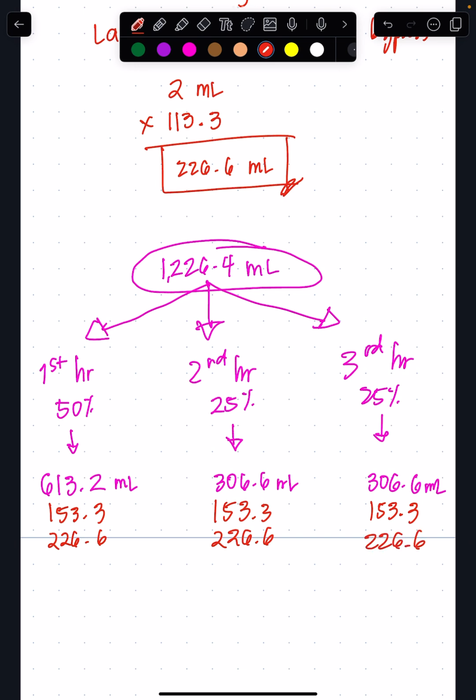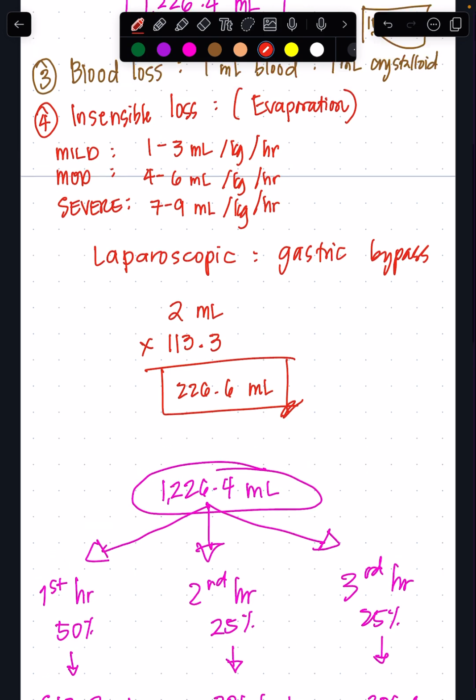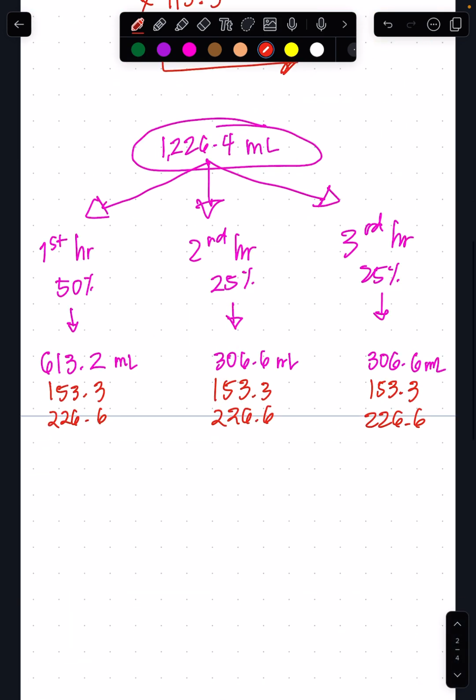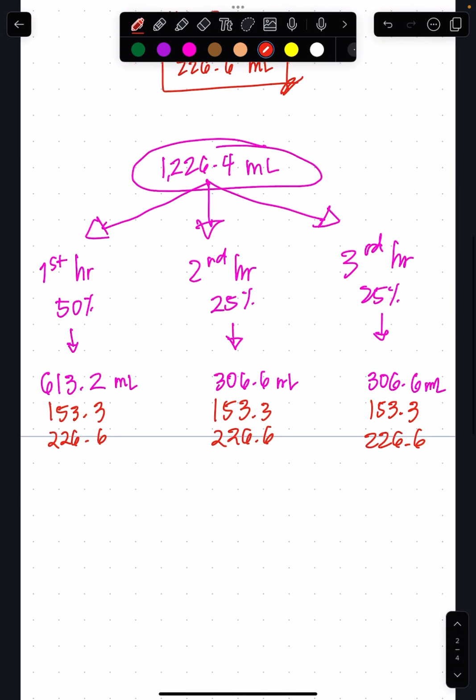And then we need to also add the estimated blood loss that we have, which is, we'll just use 100. So now we need to add them all up to know how much exactly we need to give our patient.